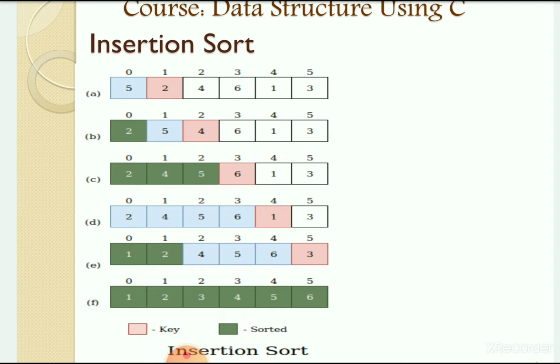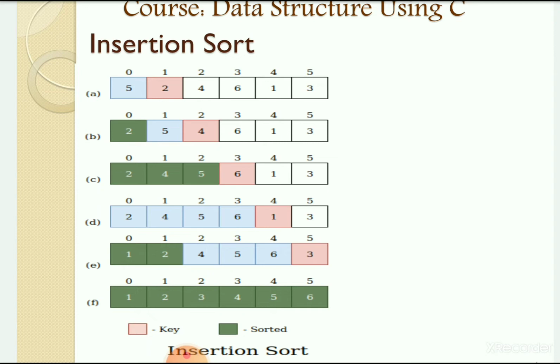When we shift the 5 into the next position, the 0th position will remain blank, and at that place we have to store the value which is in the temporary variable, that is 2. So 2 and 5 replace their places by shifting the elements. Since it is just the first and second element, it looks like a swapping, but it is not swapping.